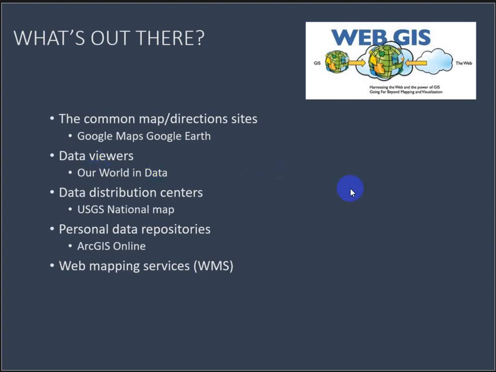Different data viewers like Our World in Data, different data distribution centers like the USGS National Map, personal data repositories like ArcGIS Online, we'll talk about in a second, and then different web mapping services that you can connect to. There are different servers, like the Utah AGRC has some web mapping servers that you can connect to and download data directly, not using their user interface.